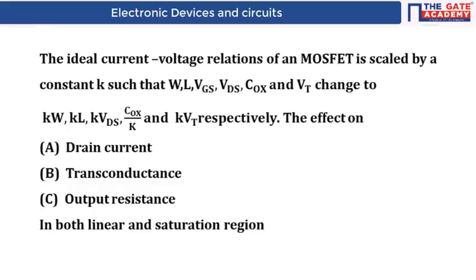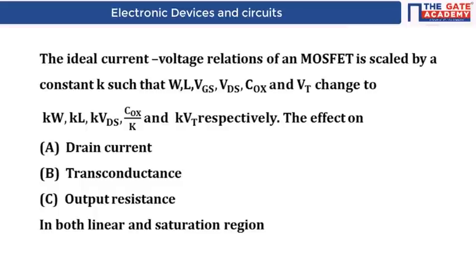It is given in the question clearly that all your parameters like W, L, VGS, VDS, COX, VT are scaled by the scaling parameter K, and you are having KW, KL, KVGS, KVDS, COX by K, I'm sorry, COX by K and KVT. Clear? So these are your values of the parameters that you are having after scaling.